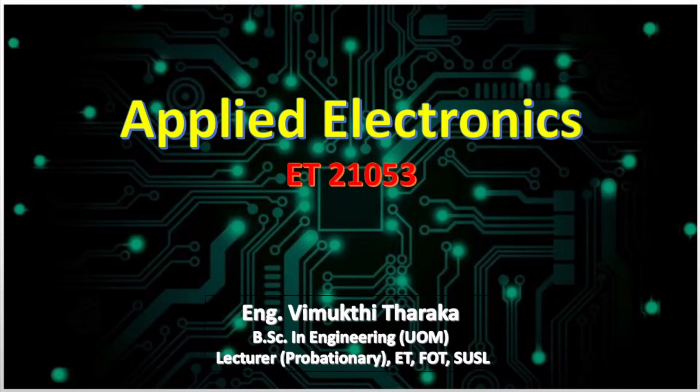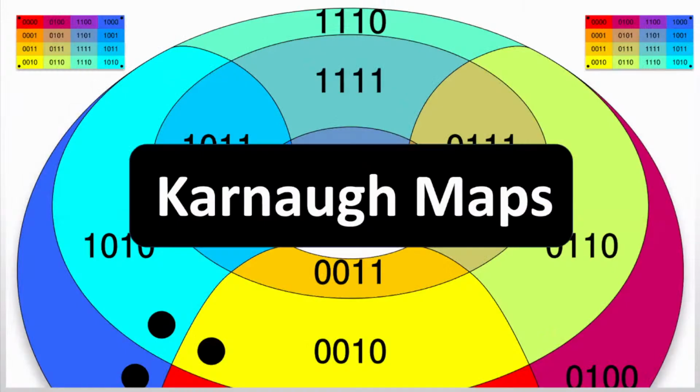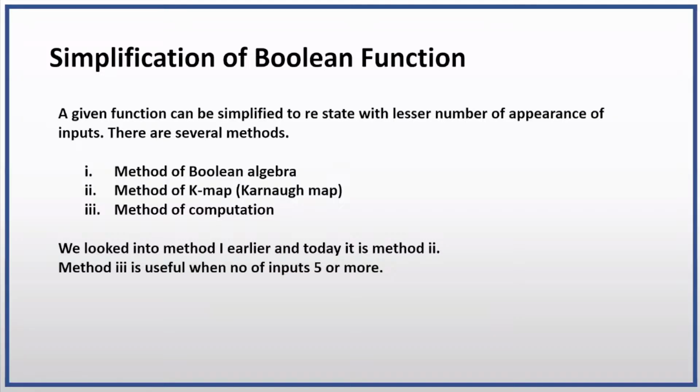Now let's move on to the Karnaugh map part. First, there are many methods for simplification of Boolean functions.